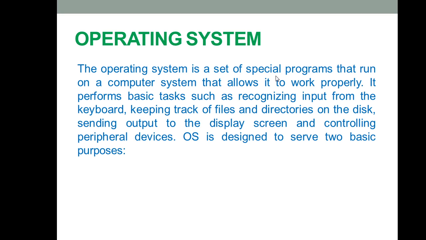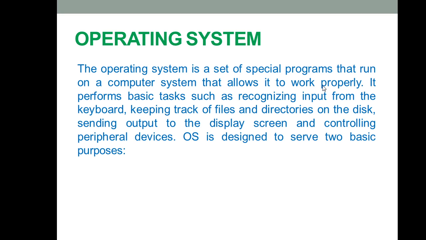So that is why we are saying that it is a set of special programs that run on a computer system, and it allows it to work properly, and it performs basic tasks such as recognizing the input from the keyboard. Like if you want to write something in one text editor, then it is recognized with the help of this operating system.